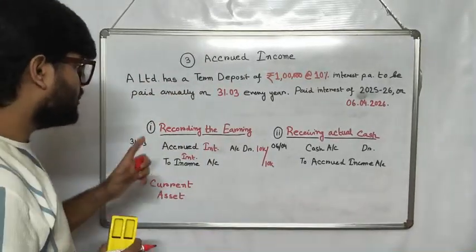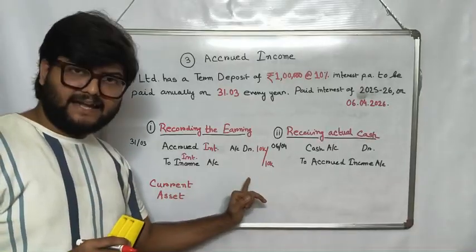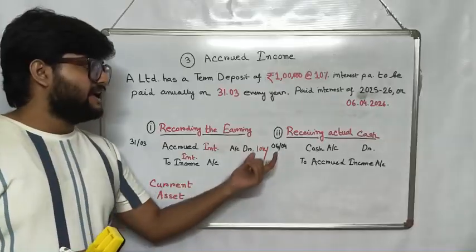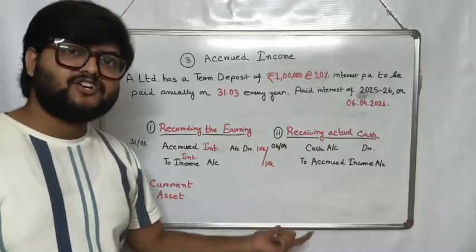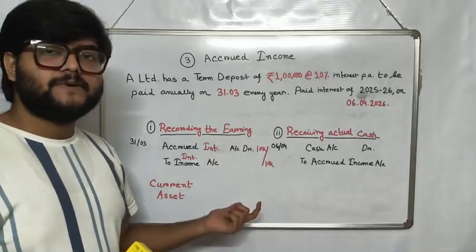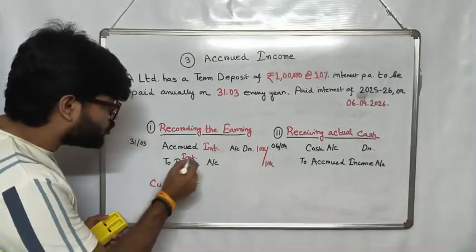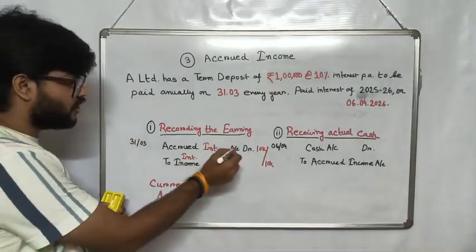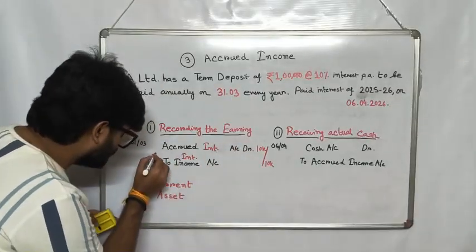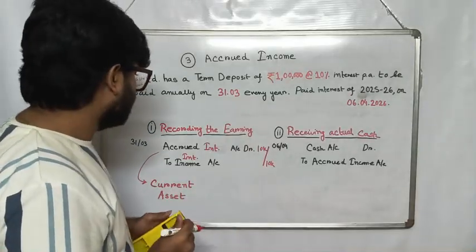Now you see on 31st of March this income of rupees 10,000 is already earned by you, but the actual cash is yet to be received. Since the actual cash has not been received by you so far on 31st of March, this accrued interest of rupees 10,000 will move to the current assets.